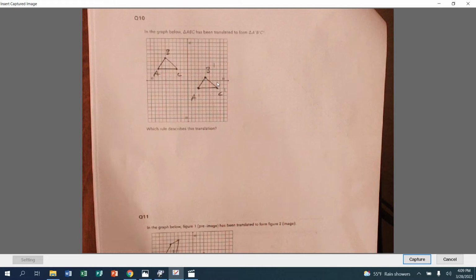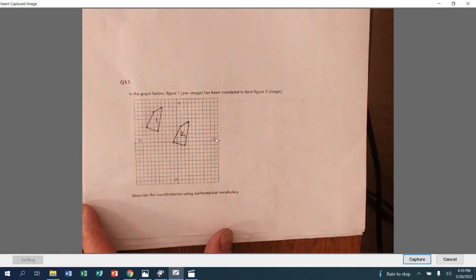C prime is 8, negative 2, looks like. I want you to give me the rule of this translation, like x minus 5, y plus 7 or x minus 10, y plus 6.